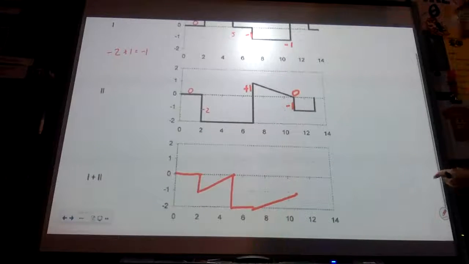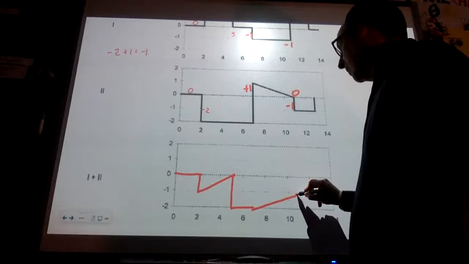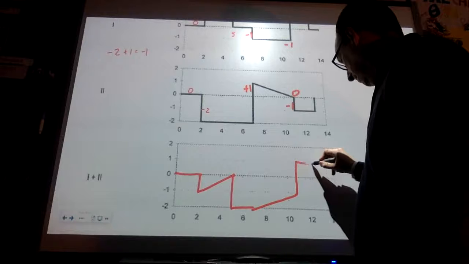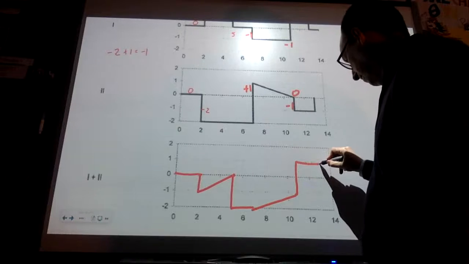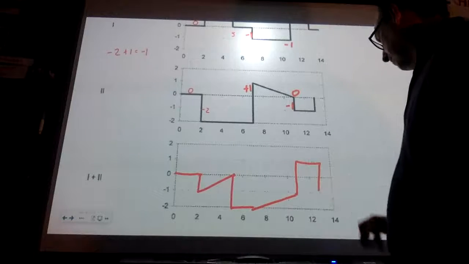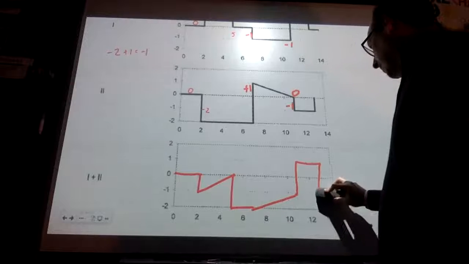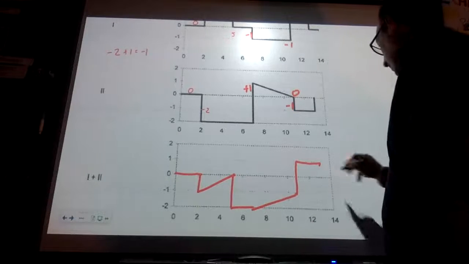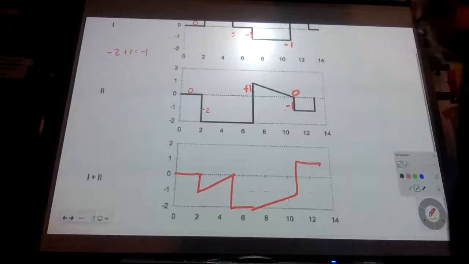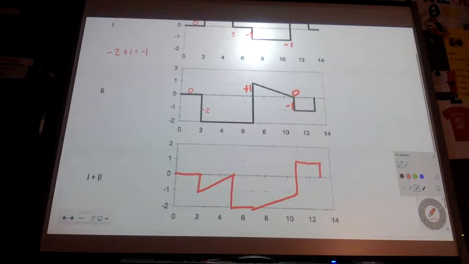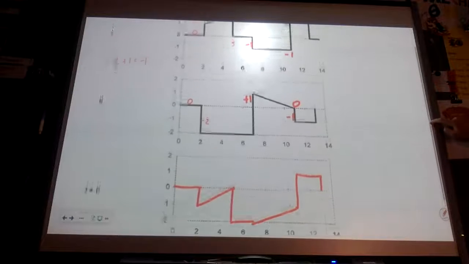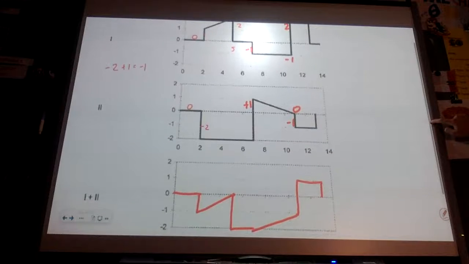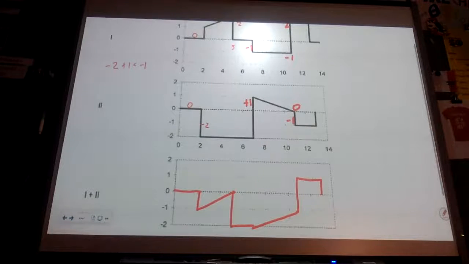So from 11 to 13, I'm at 1. So that's what our combination would look like.